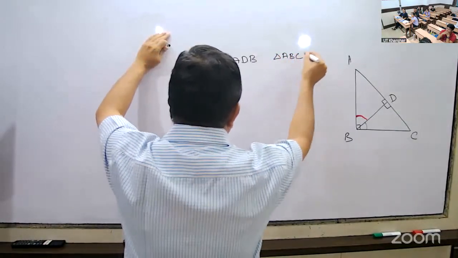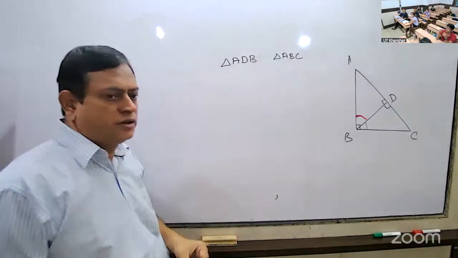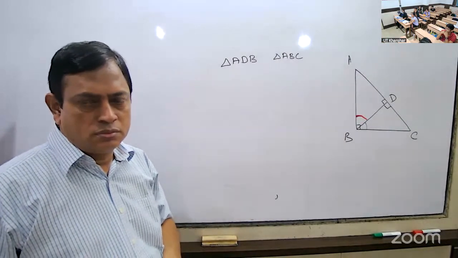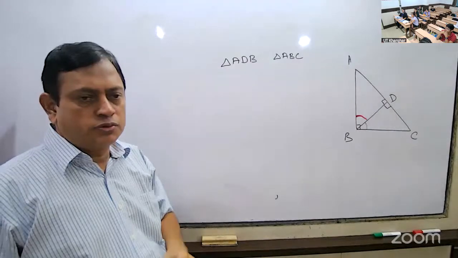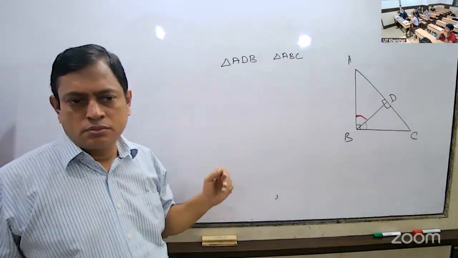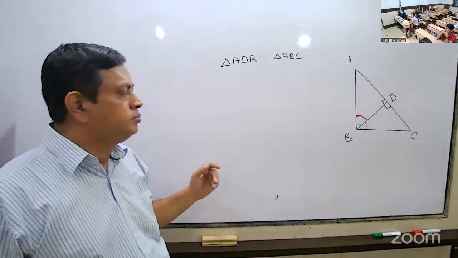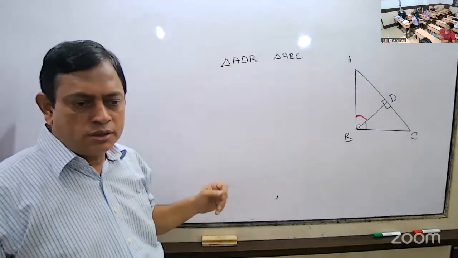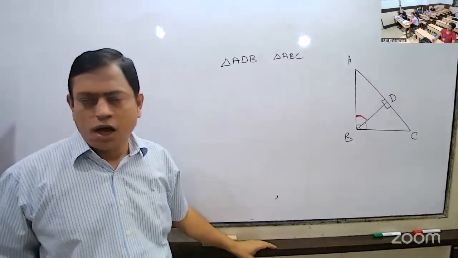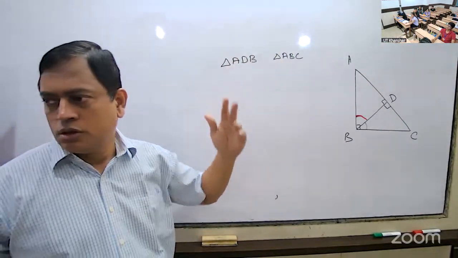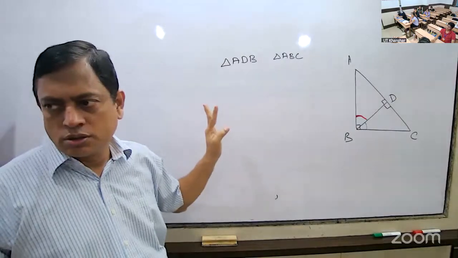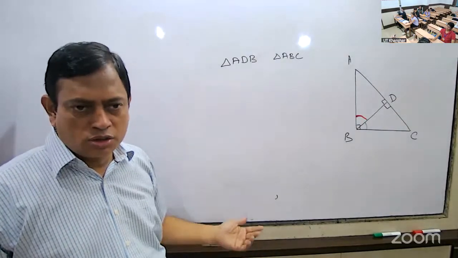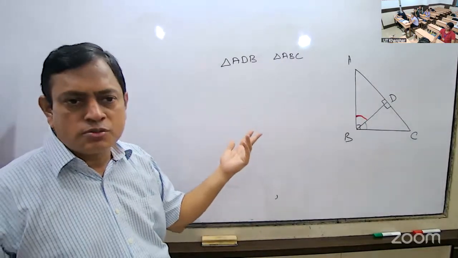I wrote two triangles here. Have you identified? Can you prove these two triangles similar? There is no construction, nothing required. Construction means other triangles will come. This one you cannot prove similar means you are fools.